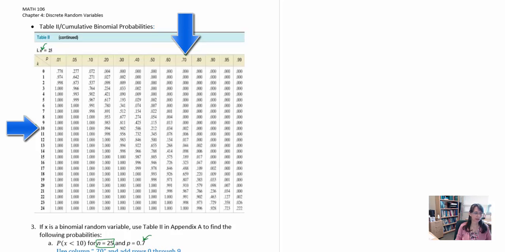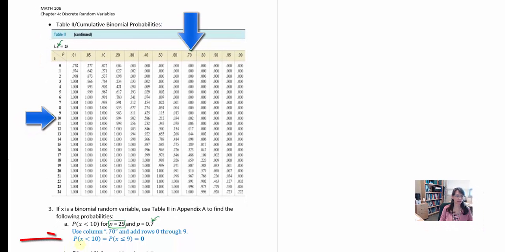To write that, the probability of x less than 10 is the same as finding the probability of x less or equal to 9. Now this is a cumulative table, so the value that we find for less or equal to 9 includes every value below 9 and including 9.